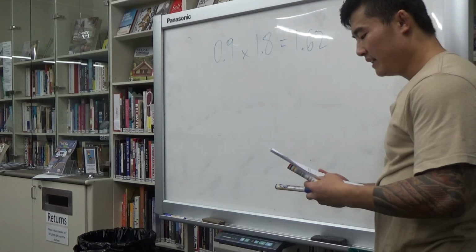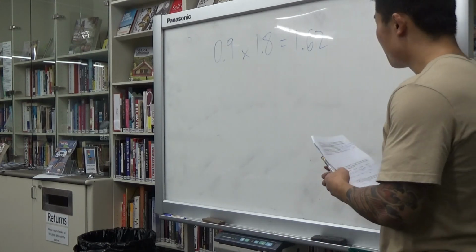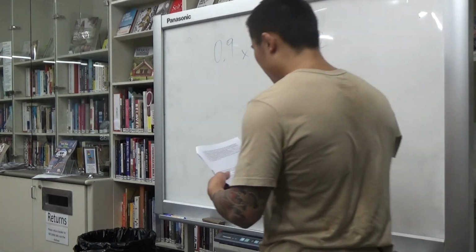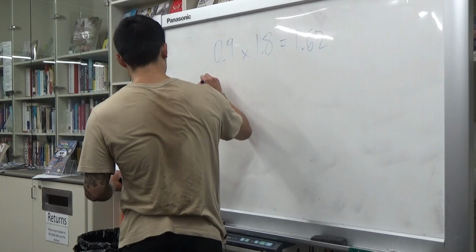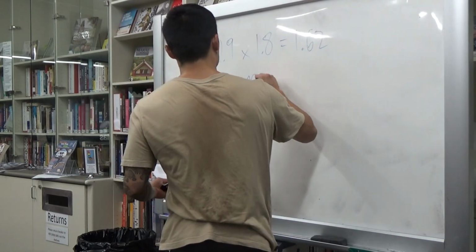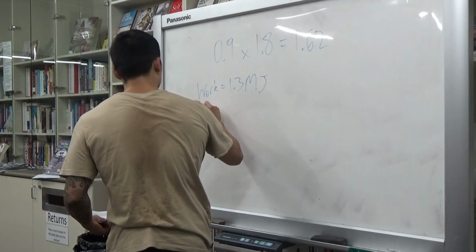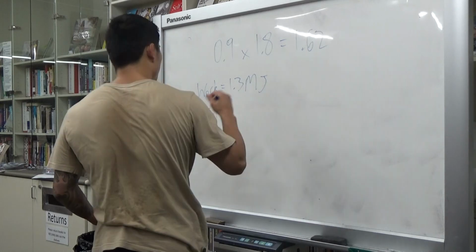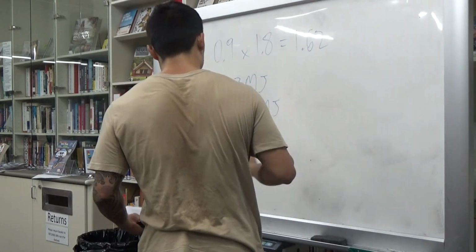And then option D, the person lost 1.3 megajoules of heat over the course of the run. So we said before that on their run, they did 1.3 megajoules of work, and we know that the total energy that they used was 32.5 megajoules.